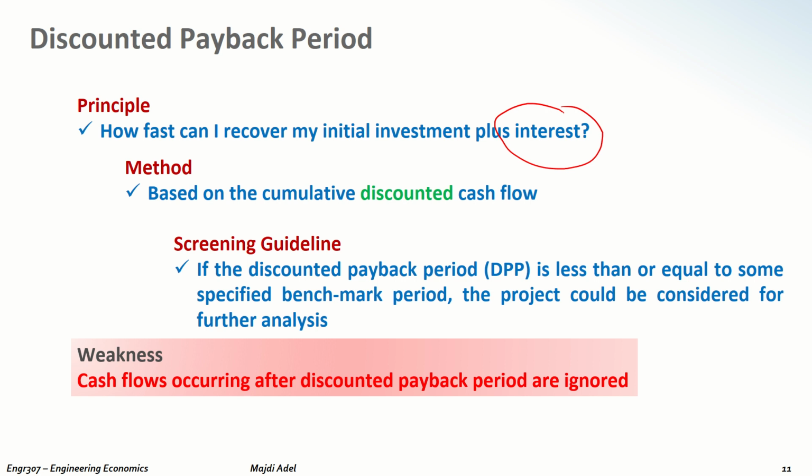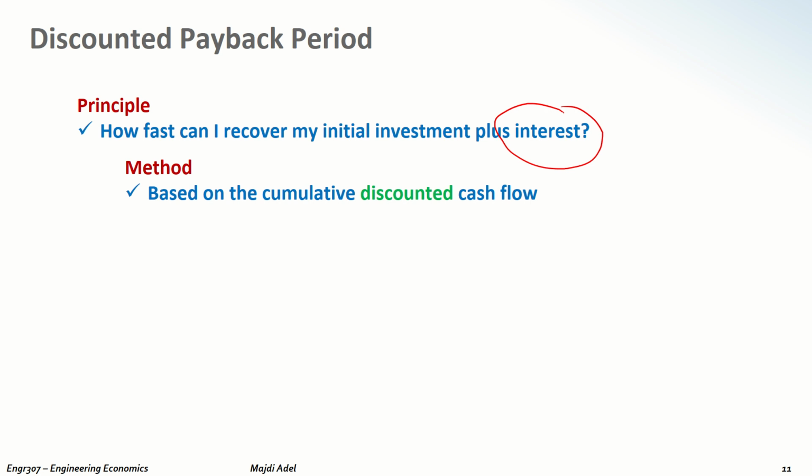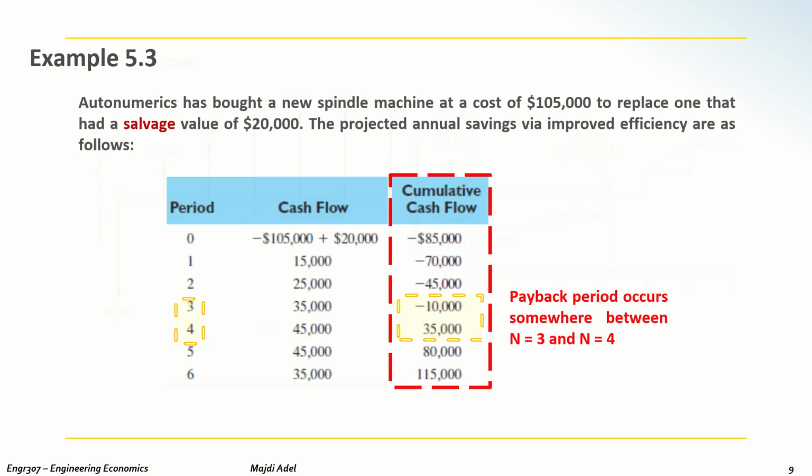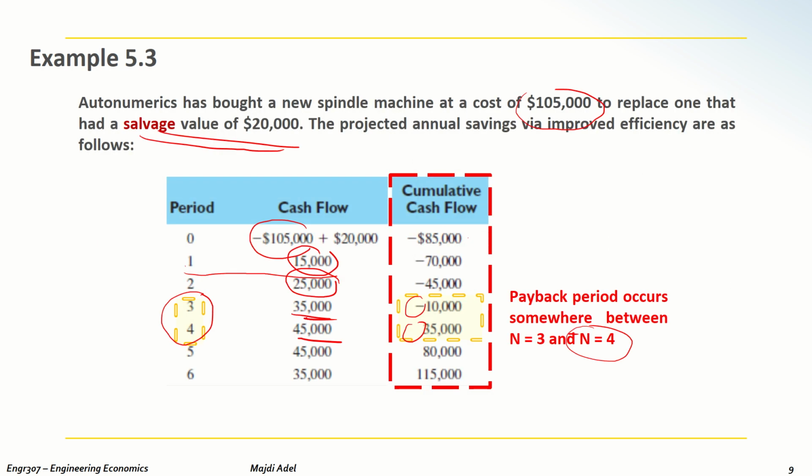The weakness of the discounted payback period, and also of the simple payback period, is that we do not consider the periods after the payback time.